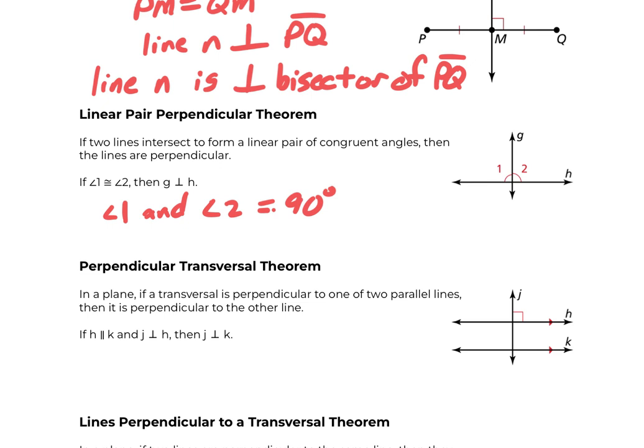They didn't mark that right away because it didn't tell us right away that they were 90 degrees. We've come to that conclusion based on the theorem, but it didn't tell me that information right from the start. So that's why the square is not in the corner immediately. Now, what I could do is say these are both 90, and I could go ahead and make a 90-degree angle marking.